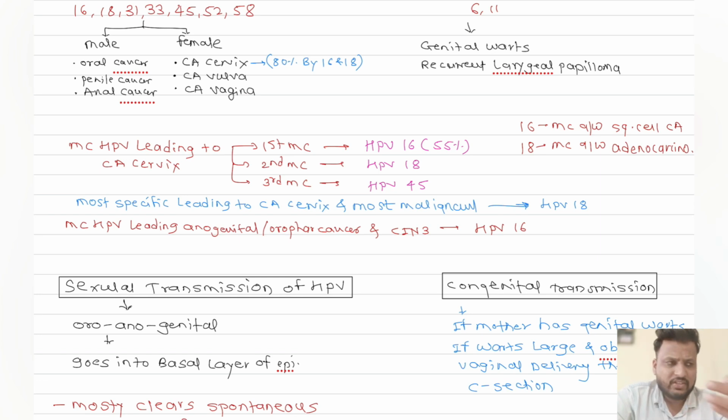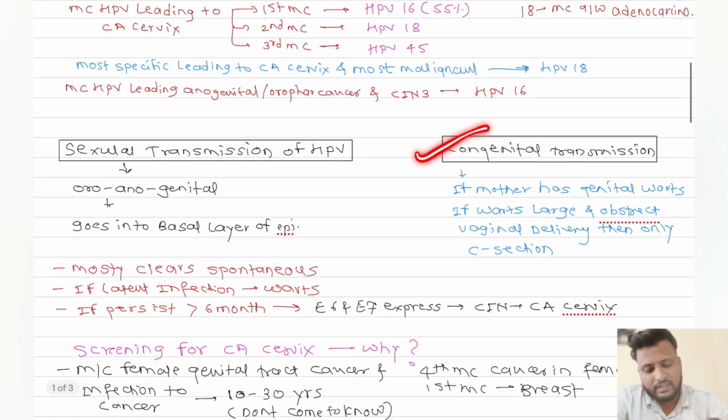Now after the genes, replication, and serotypes, how is this HPV transmitted? So two routes, congenital and sexual. In congenital transmission, if the mother has genital warts, then it will be transmitted to the infant.